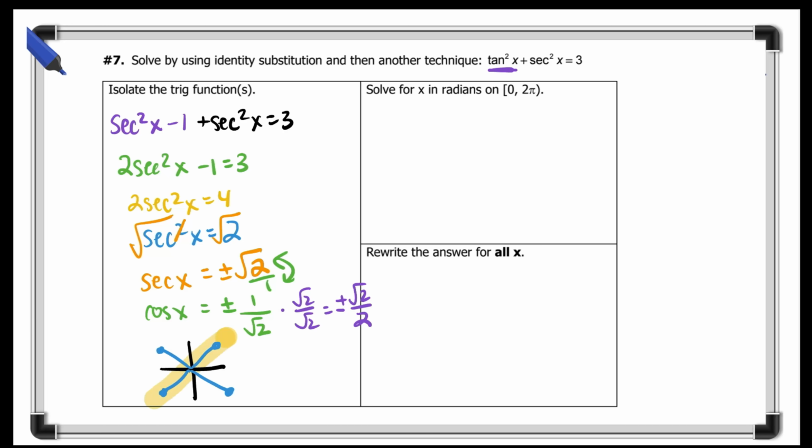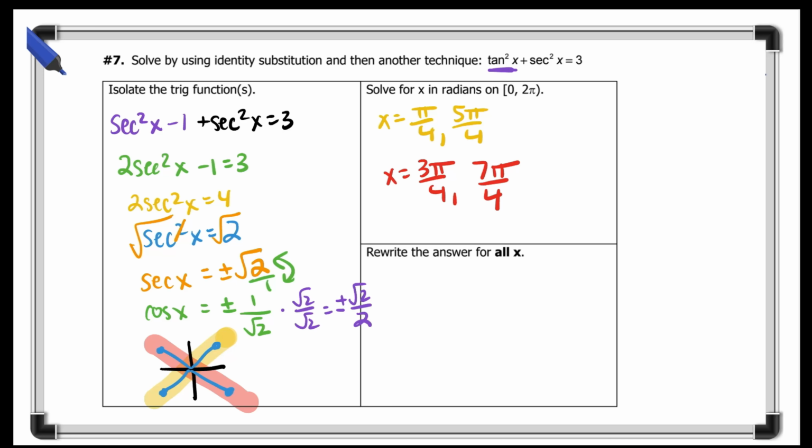So right here, that would get me pi over 4 and 5 pi over 4. And we have our next angles right there. That would be 3 pi over 4 and 7 pi over 4.